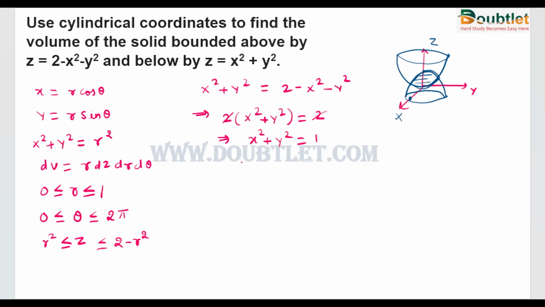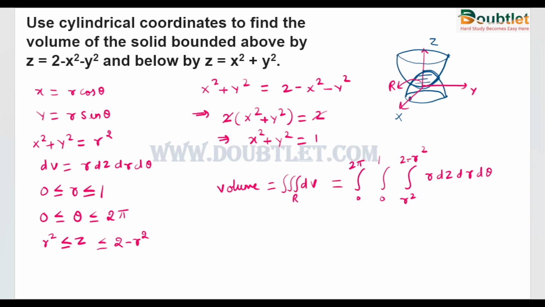Now to find the volume, we will integrate along the region. So suppose this is the region R. If we convert these into cylindrical coordinates, dV is simply r dz dr d theta. So theta varies from 0 to 2 pi, r varies from 0 to 1, and z varies from r square to 2 minus r square.